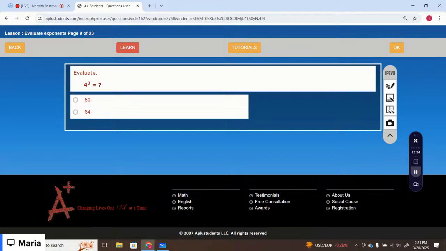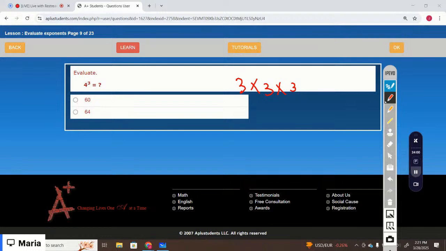4 cubed. 4 cubed equals 4 times 4 times 4.